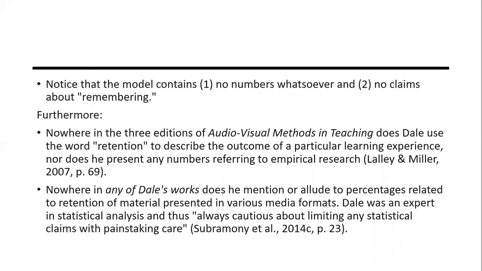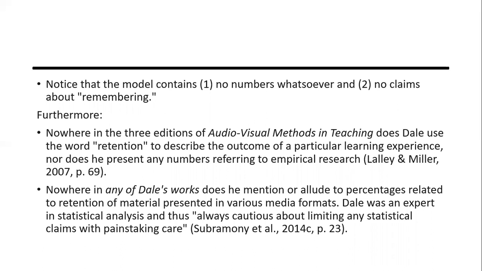Now, if you observe, the model does not contain any numbers whatsoever. And also no claims about remembering, which is the base in Bloom's taxonomy, which describes how students learn, where the lowest level is remembering or memorizing.